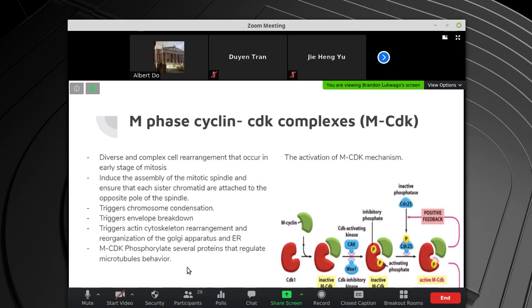The resulting inactive CDK complex is then activated at the end of the G2 phase by the phosphatase Cdc25. Cdc25 is further stimulated by active M-CDK, resulting in positive feedback.